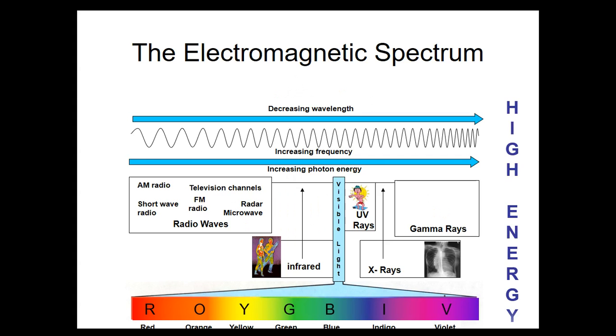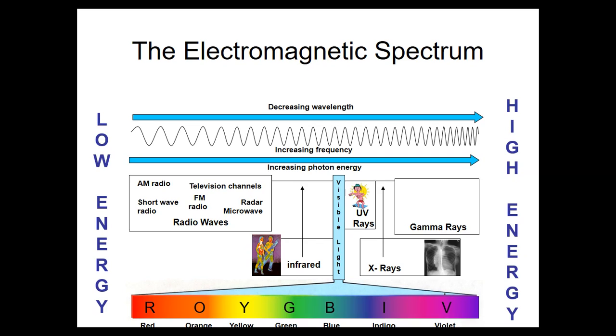When we're looking at the light around us, the light that we can see, this is only one small fraction of the electromagnetic spectrum. If you examine this slide, you'll see that we have visible light in the very middle of the spectrum.